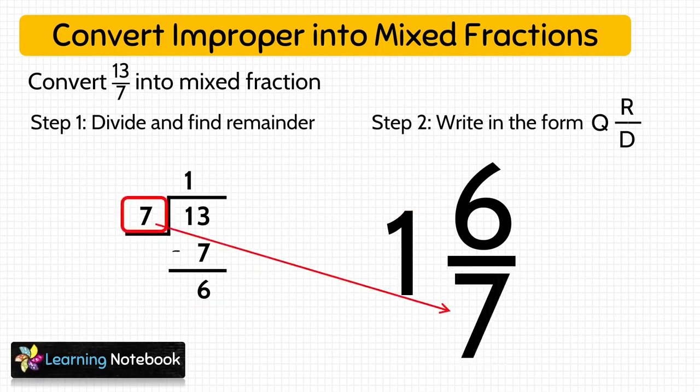So students, we have converted this improper fraction 13 by 7 into mixed fraction 1 6 by 7. So this is how we convert improper fraction into mixed fraction by following 2 steps.